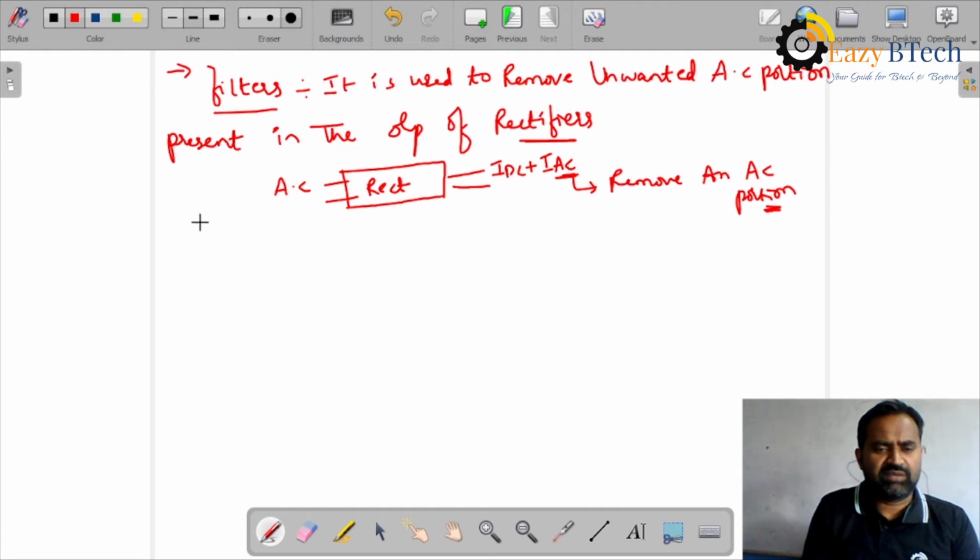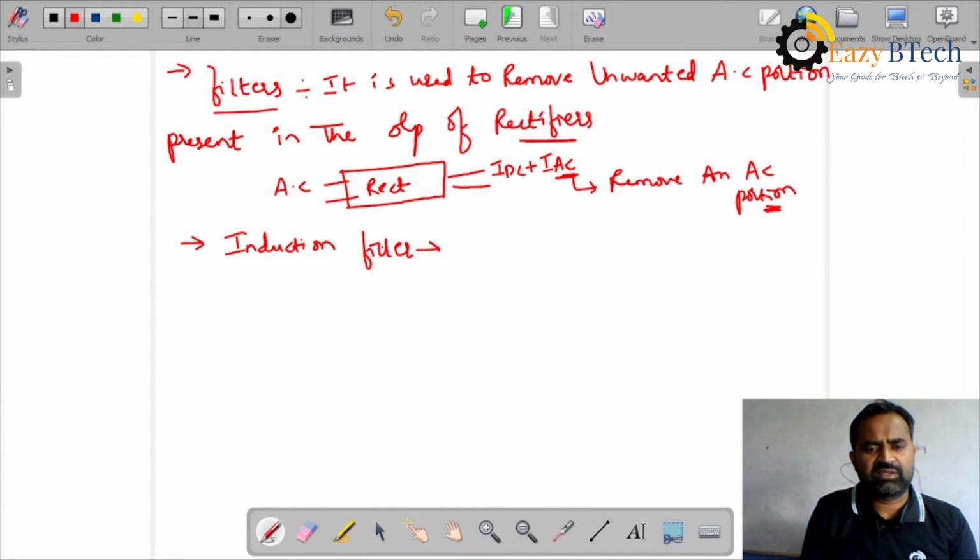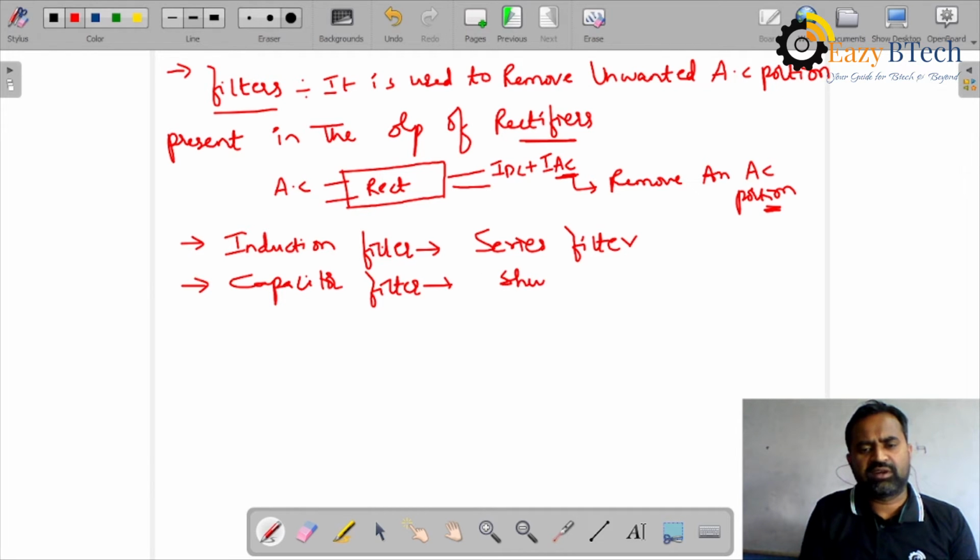In this session we have classified different types of filters. The first one is the inductor filter, or we'll call it a series filter. Second, the capacitor filter, or shunt filter.